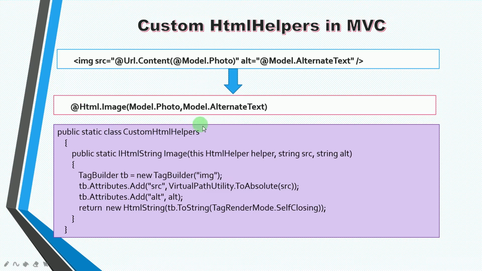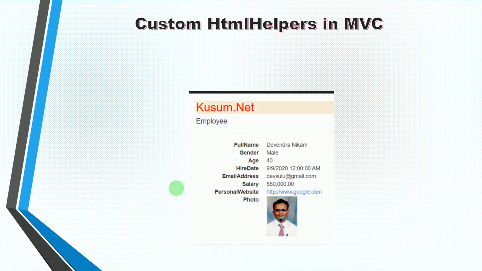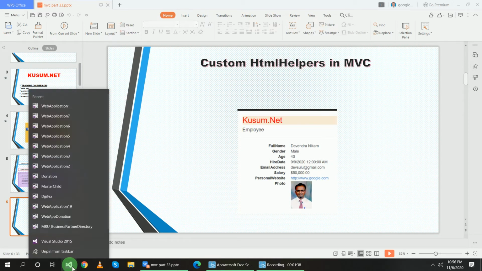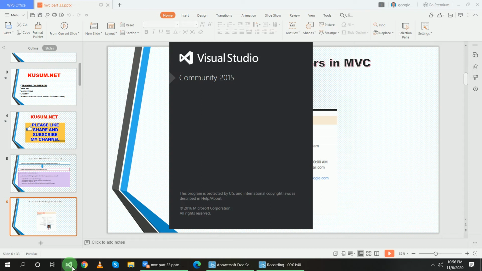Inside of the form tag, whatever class you have created, you will use that as an HTML helper inside of your form. So at last my output will look like this. So let's flip to Visual Studio and check how to make custom HTML helpers.